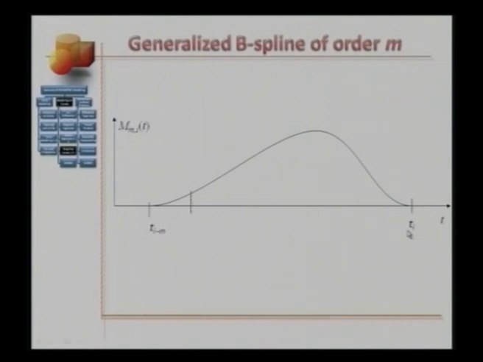Then start plotting the intermediate knots, t_(i-m+1), t_(i-m+2), t_(i-m+3), and so on up to t_(i-1), and then finally t_i, which you have already plotted.